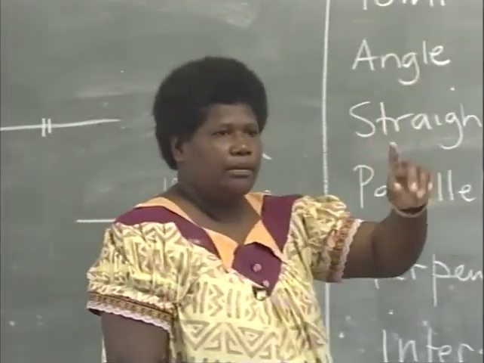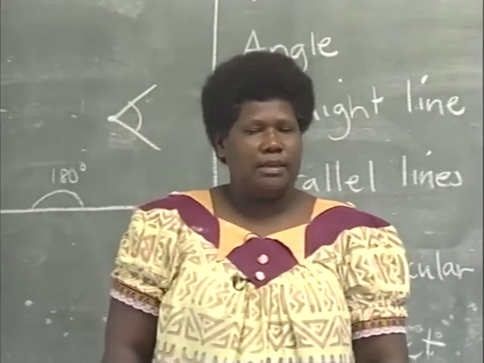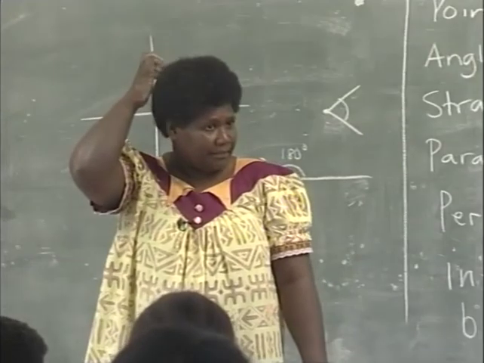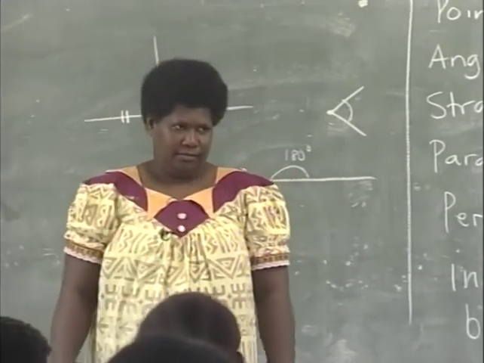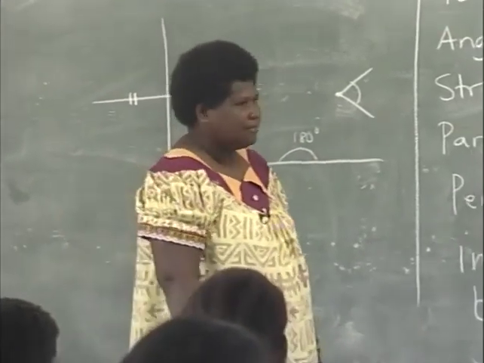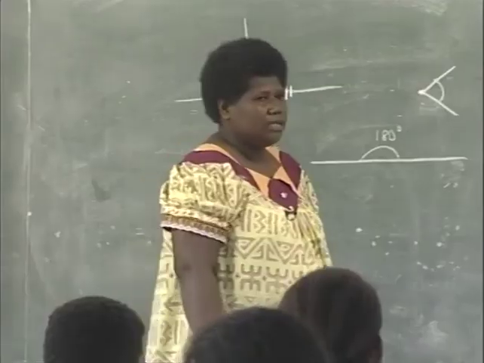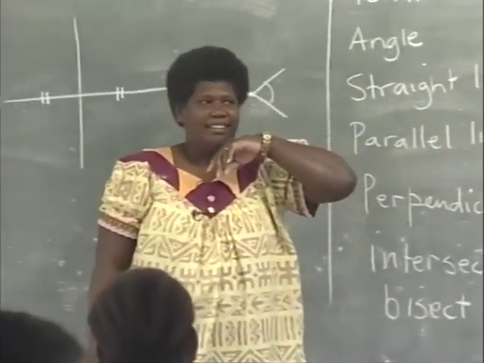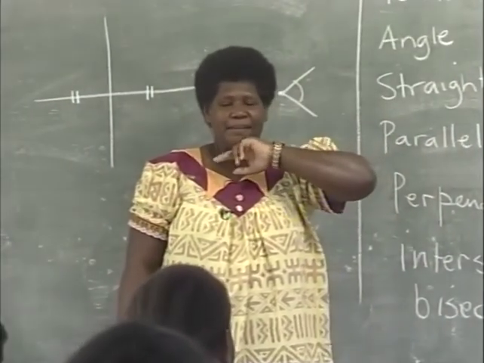A point of intersection is equal to or is the same as, George, quickly. The point where two lines intersect each other. Okay, a point where two lines intersect each other. Andrew, interior.